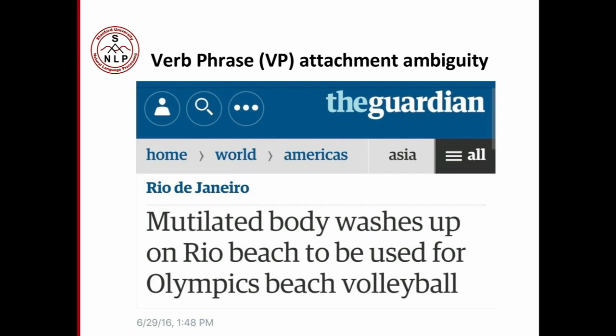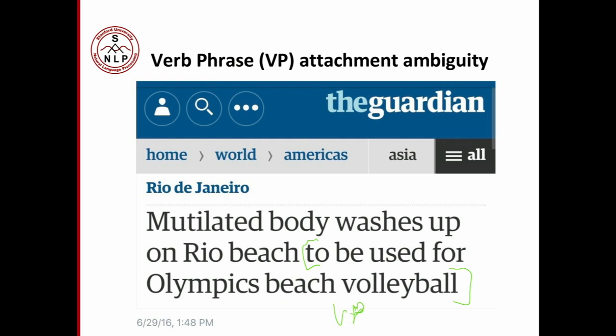Okay, so we've got this big phrase that I won't try and put a structure over, to be used for Olympic beach volleyball. And then, this is sort of like a prepositional phrase attachment ambiguity, but this time, instead of a prepositional phrase being attached, we've now got this big verb phrase, we call it, right?